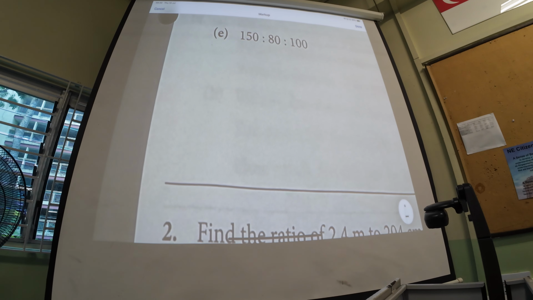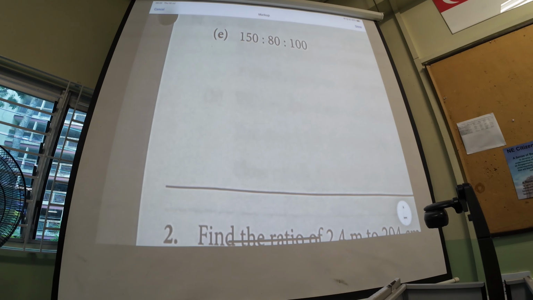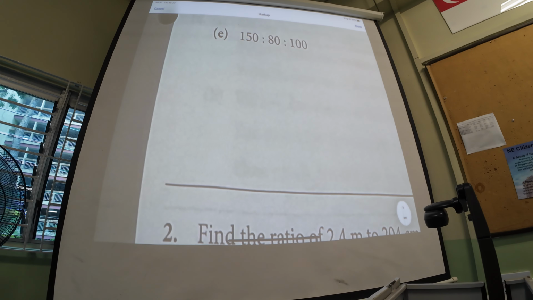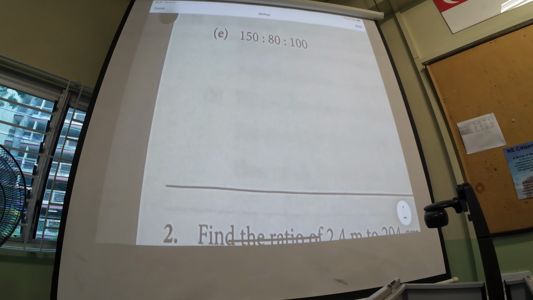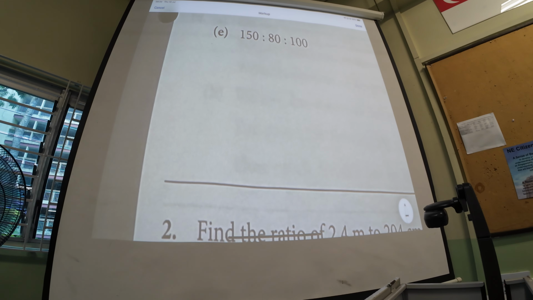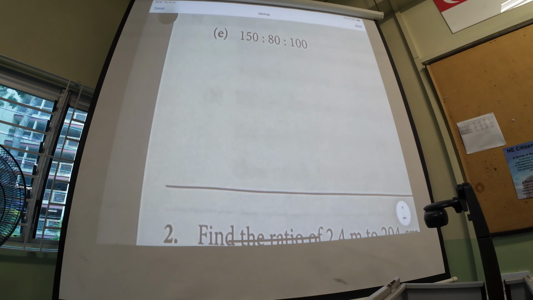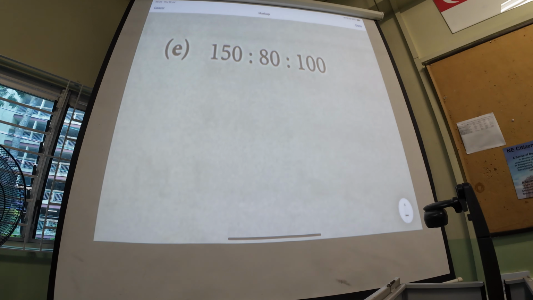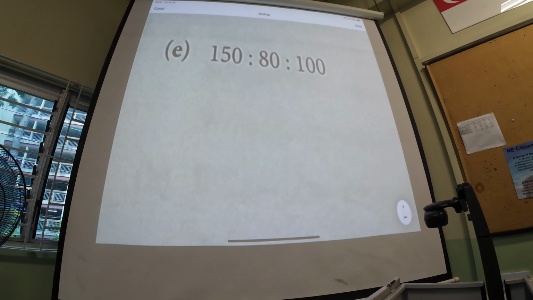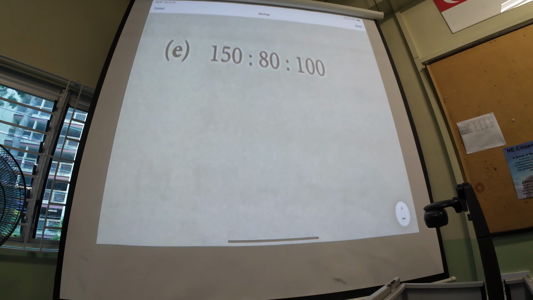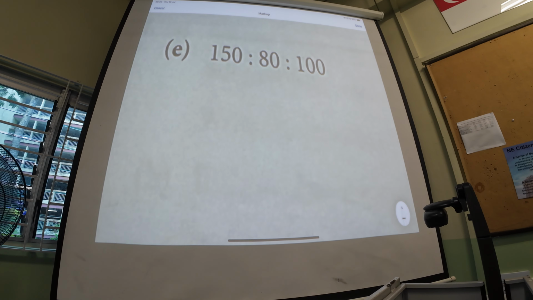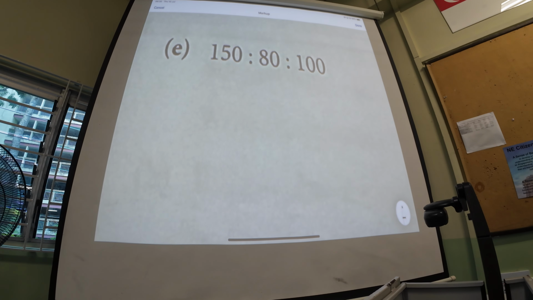Then ratio is very much like fraction. Then I told you all when we reach this question, one difference, we cannot compare three quantities when we write it in a fraction. But ratio, we can compare three quantities at the same time. Okay? So when we have three numbers like that, we are saying that the proportion of each of the quantity is related to both the other quantities.